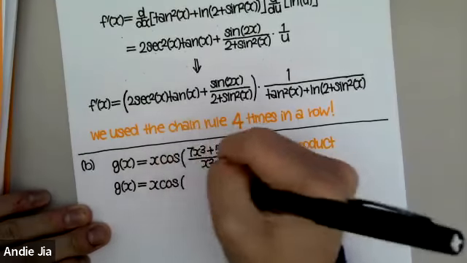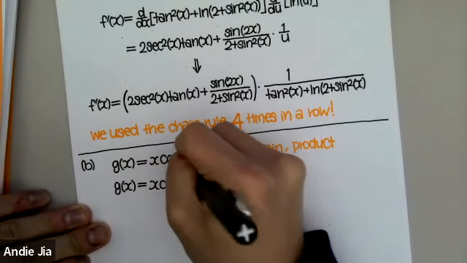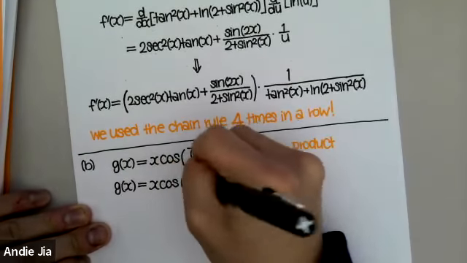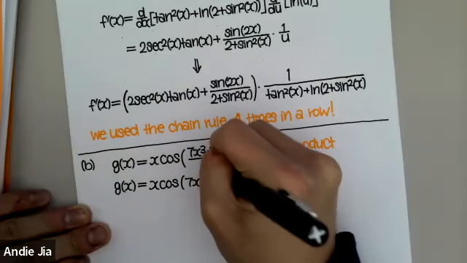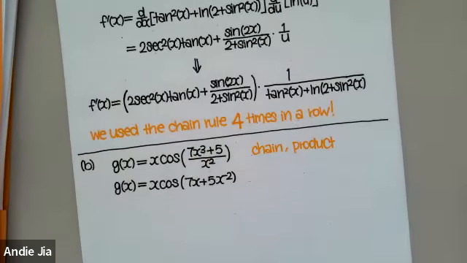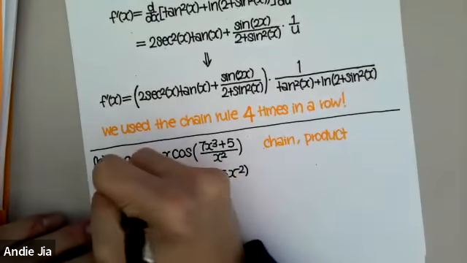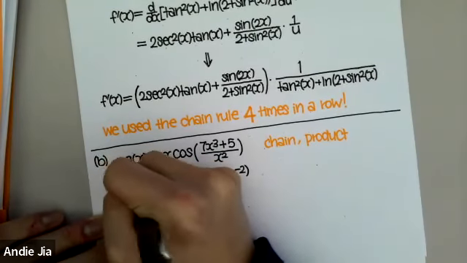Cosine of 7x plus 5x to the negative 2. And then use the power rule, the chain rule, and then the product rule.